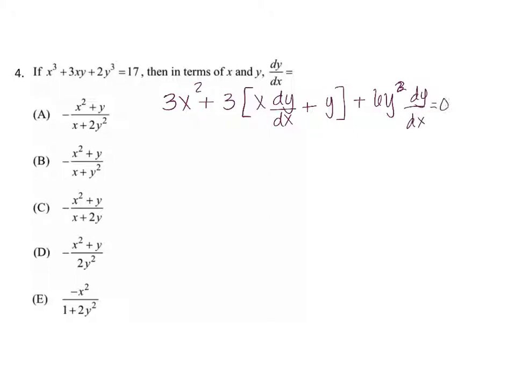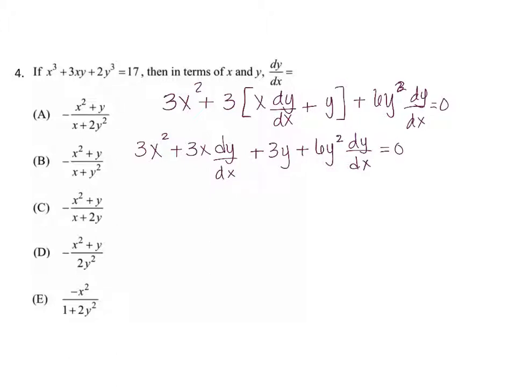equals 0. And now let's go ahead and expand that parentheses. So we have 3x squared plus 3x dy/dx plus 3y plus 6y squared dy/dx equals 0.